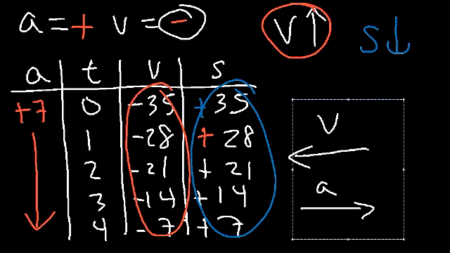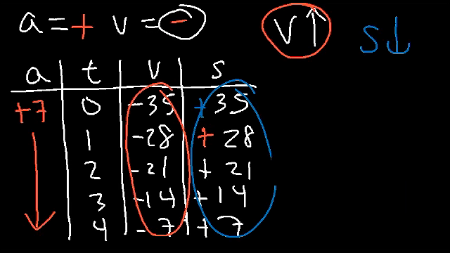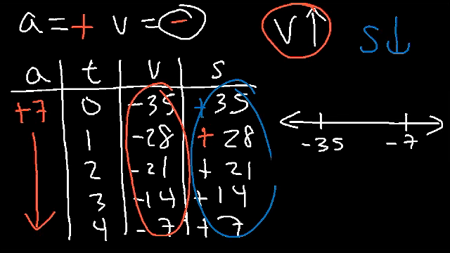So if you plot this data on a number line, notice what's going to happen. Looking at velocity, initially it's at negative 35, and eventually it goes to negative 7. So the velocity is increasing. As you move to the right on a number line, the values are increasing.